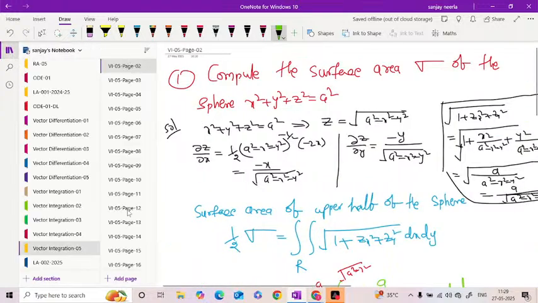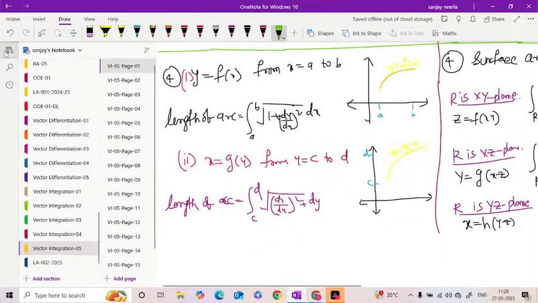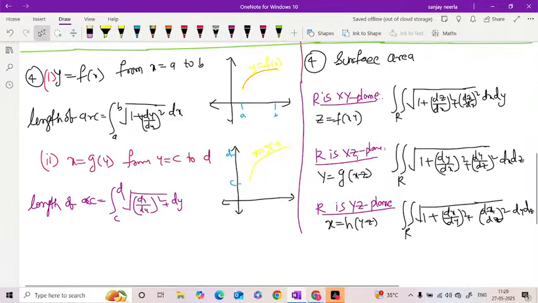Observe in the previous, finding the surface area we have three options. Double integral under root of 1 plus dou z by dou x whole square plus dou z by dou y whole square, or in the xz plane dou y by dou x whole square plus dou y by dou z whole square, or in the yz plane dou x by dou y whole square plus dou x by dou z whole square.